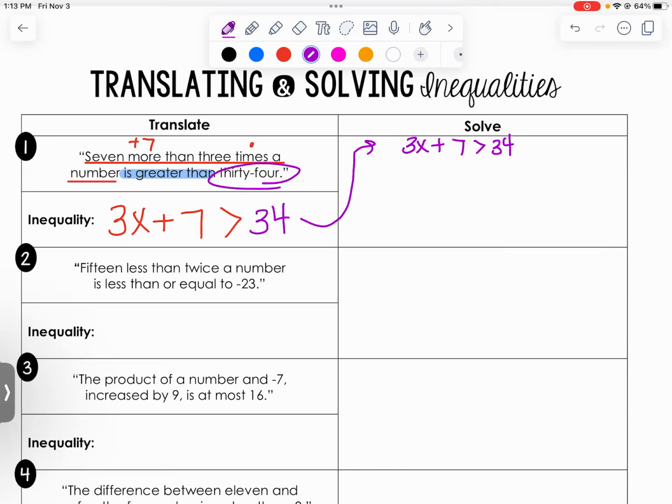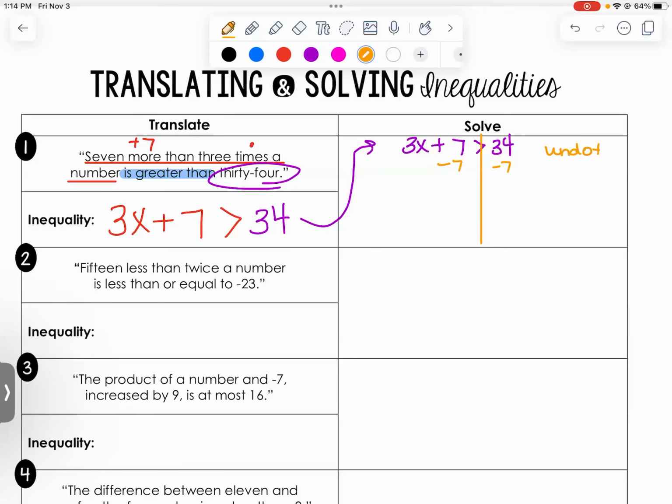We are now going to solve this 2-step inequality. So what I need you to do is draw your fence. Okay. Caesar, what's the first thing we need to undo? We need to subtract 7 from both sides so we can undo the addition.